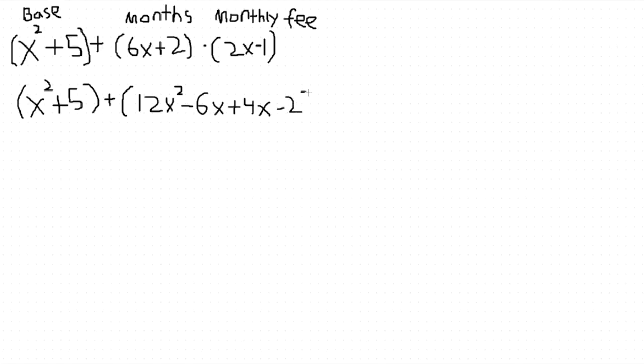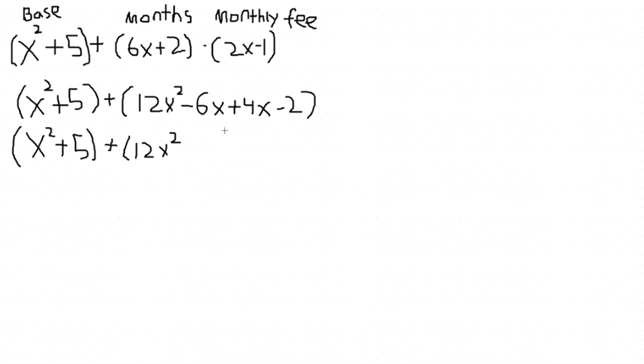So now that we have this, we are going to bring down the base once again, as we're going to simplify this big polynomial here by combining some like terms. So we still have x squared plus 5, still in parentheses, but now we still have 12x squared because there are no like terms for x squared other than 12.